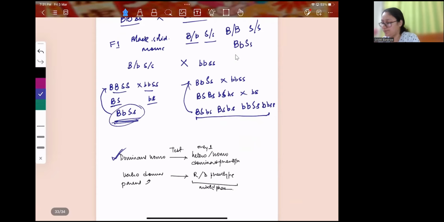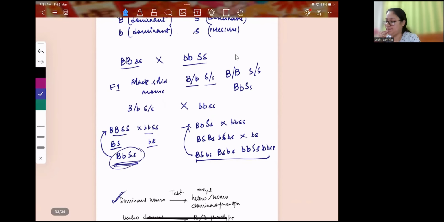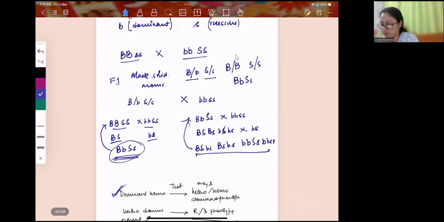Clear? Now, if this was of the second option, that it was not a true dominant homozygous but a heterozygous dominant, what will happen? Then it's capital B small b, capital S small s, crossed with this. This is quite common, and these are the 4 different genotypes we'll be getting in a 1:1:1:1 ratio.